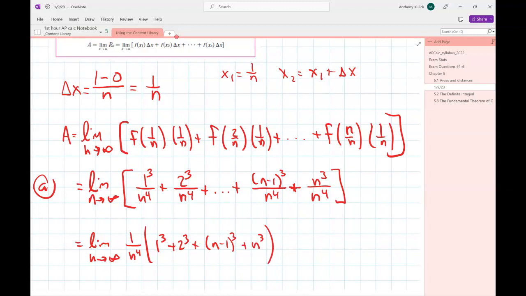And if I wanted to, then I could write that part in the parentheses as a sum. So that's just the sum from 1 to n of i cubed.